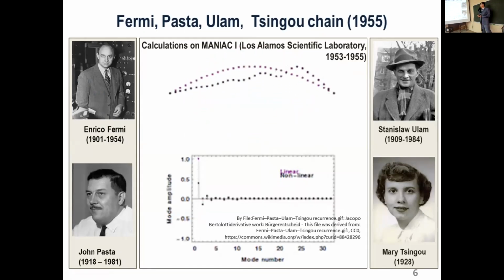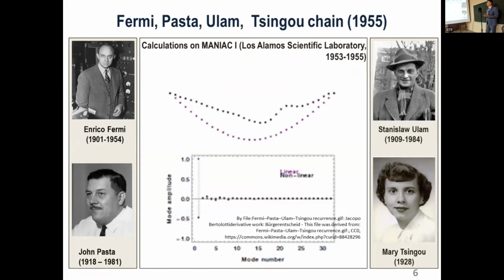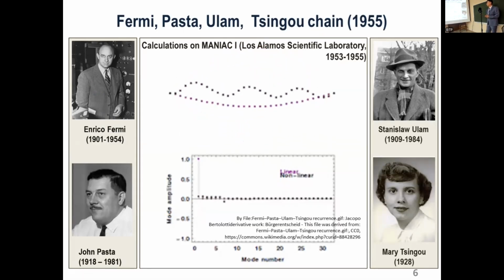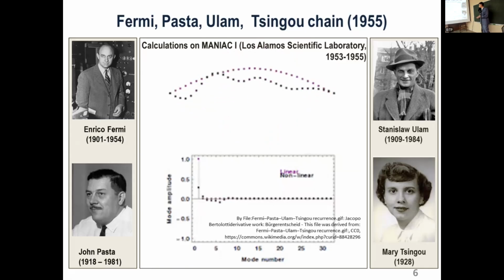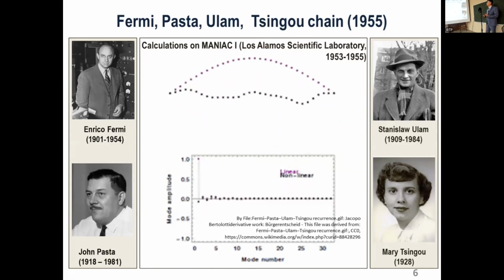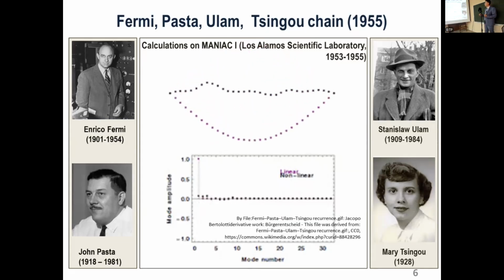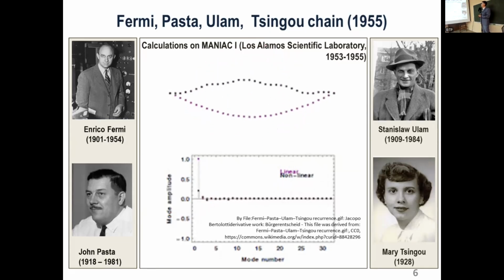In Los Alamos, Fermi posed such a problem for the mathematicians Stanislaw Ulam and John Pasta and a young PhD student Mary Tsingou: to solve the problem of particles connected with nonlinear springs and to analyze the thermalization of this system.